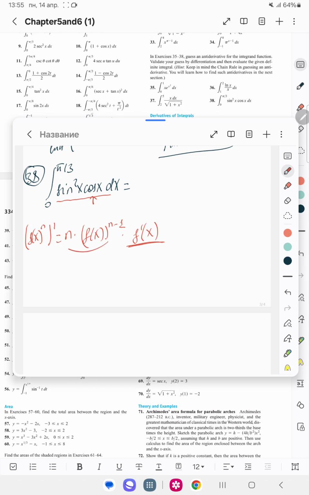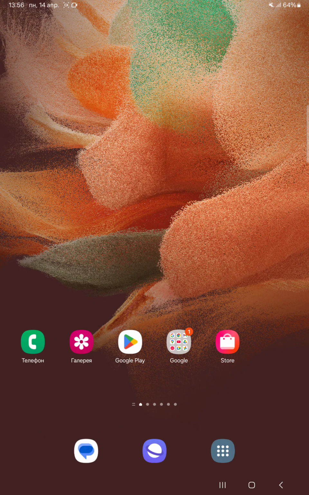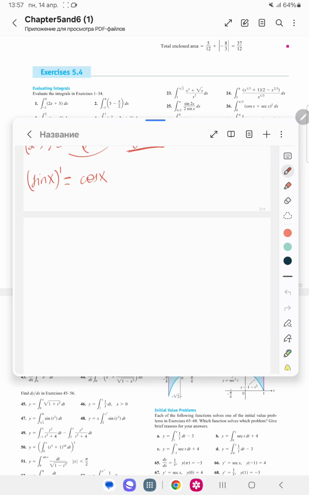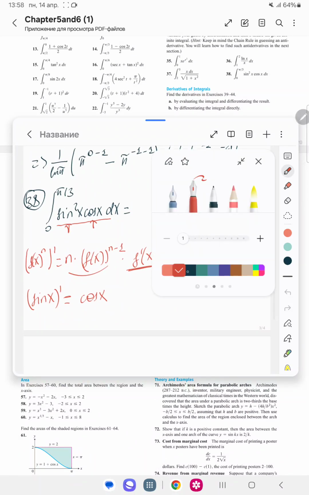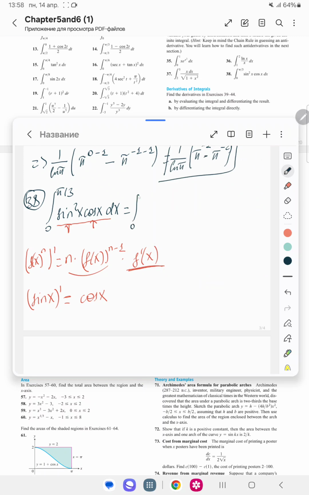And we know that the derivative of sine x is cosine x, meaning our function will be something like this. I think you get what I mean.